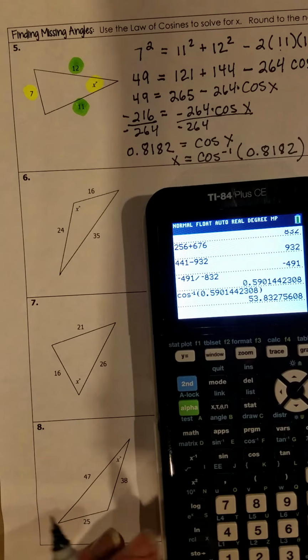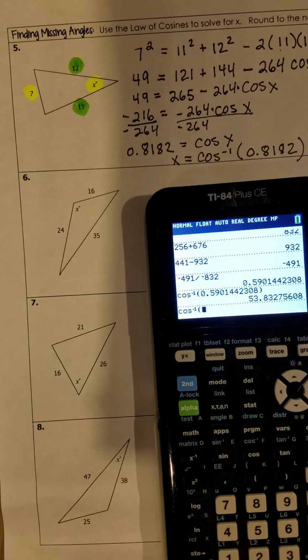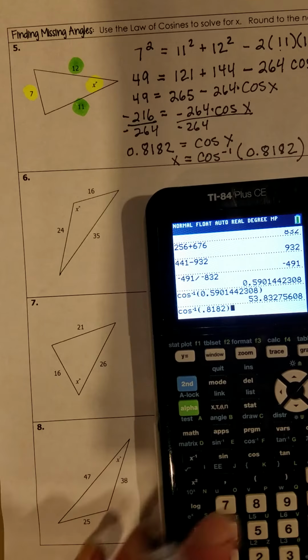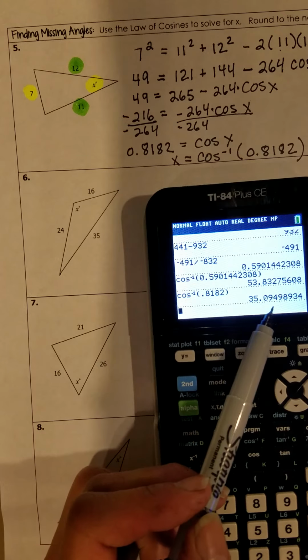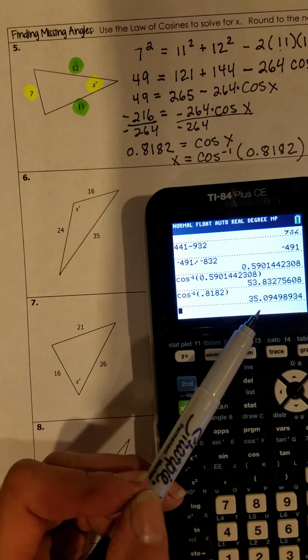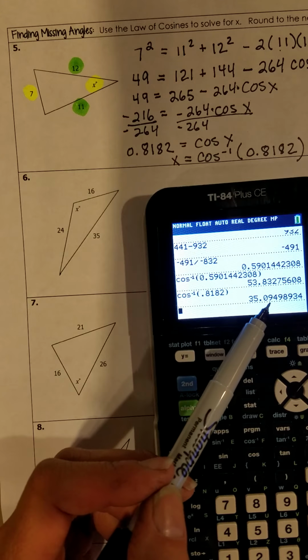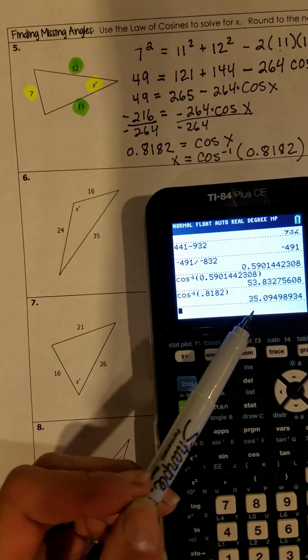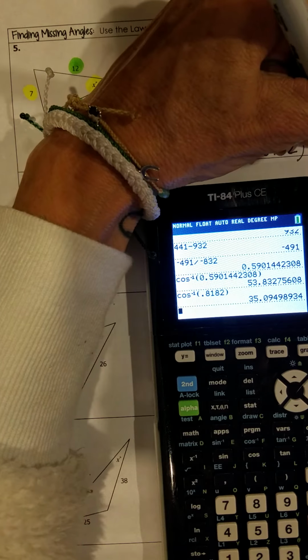Okay, second cosine, so the blue button, and then I input 0.8182 in my parentheses, and I got 35.09. I need to round to the nearest degree, so 35.09 rounds to just 35. So my angle measure is 35 degrees.